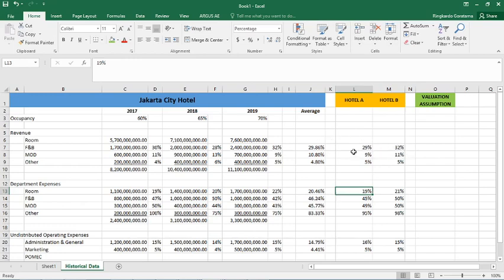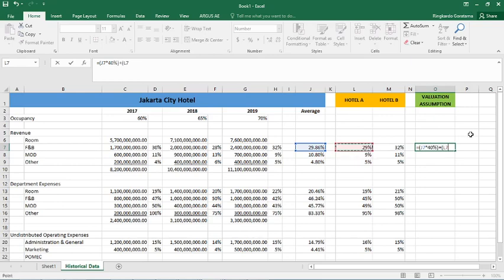So we need to consider which one will have more weight in our assumption. So let's say we weight Jakarta City Hotel at 40%, and Hotel A also the same, 40%, and Hotel B only 20%.